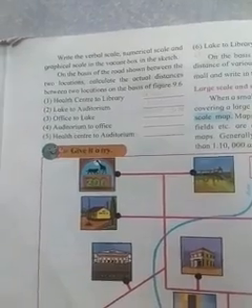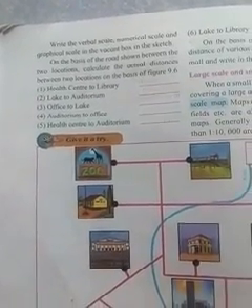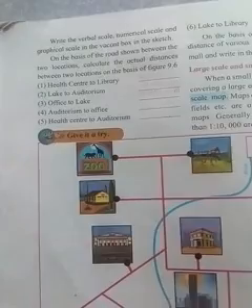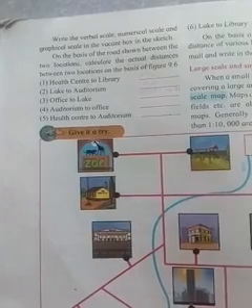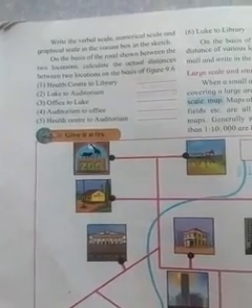Here the health center, library, lake, admissions office, tourism office are given. Here the length of the river is given in the figure, that means 1 centimeter is equal to 1 kilometer.